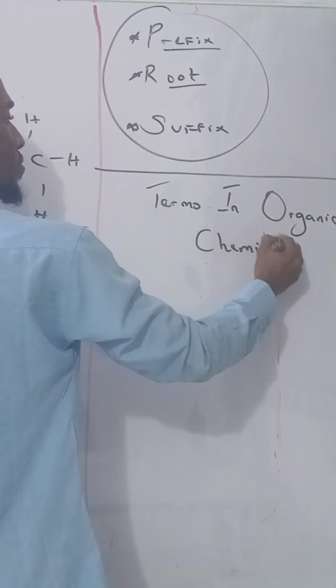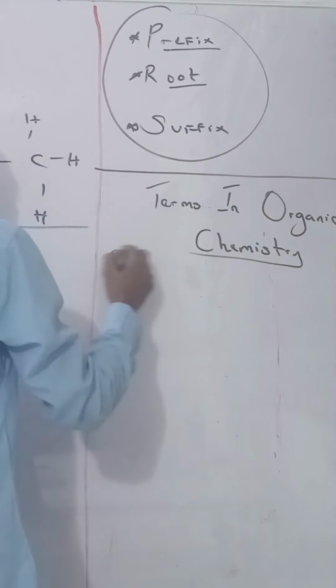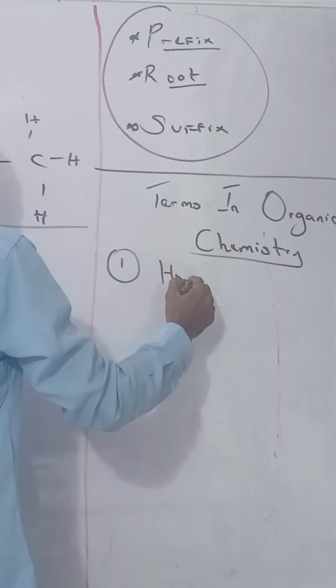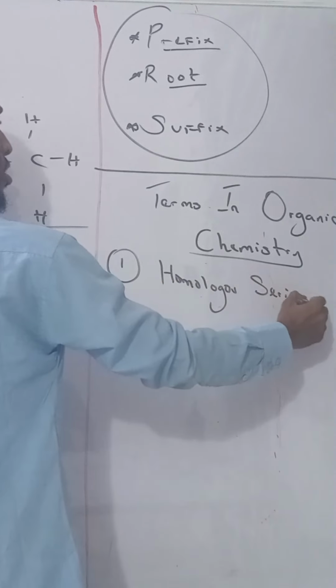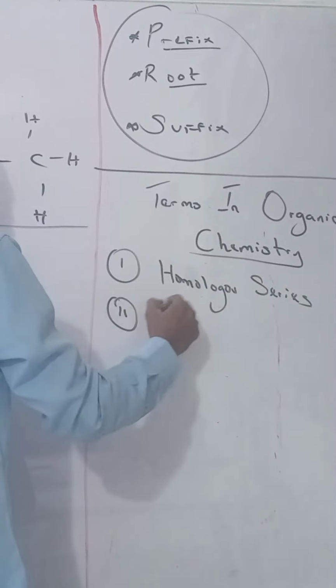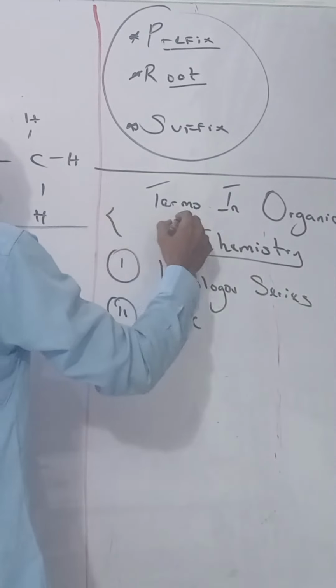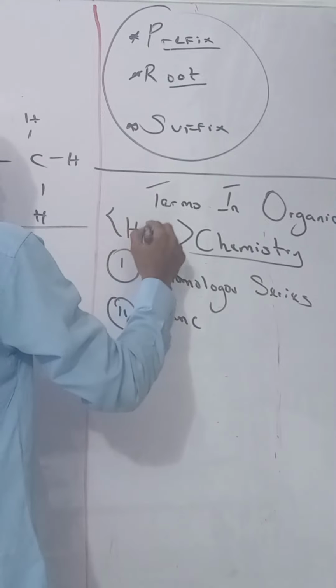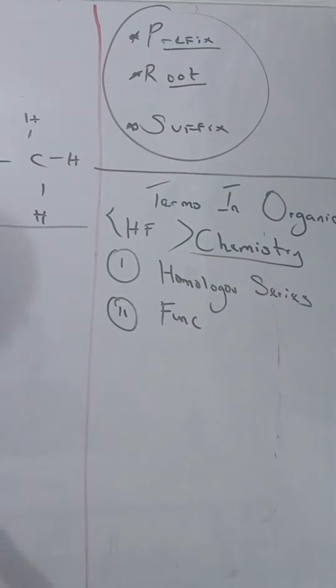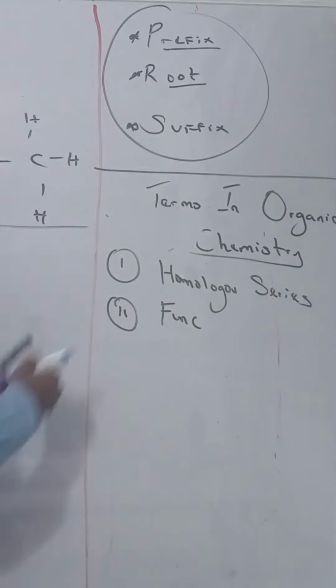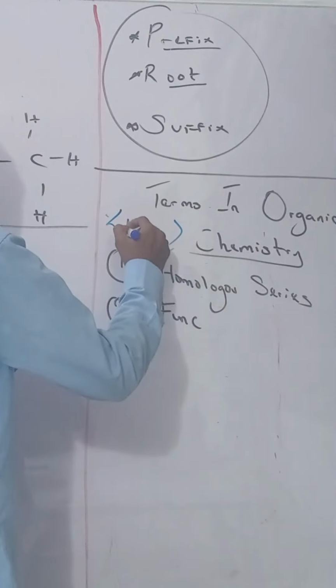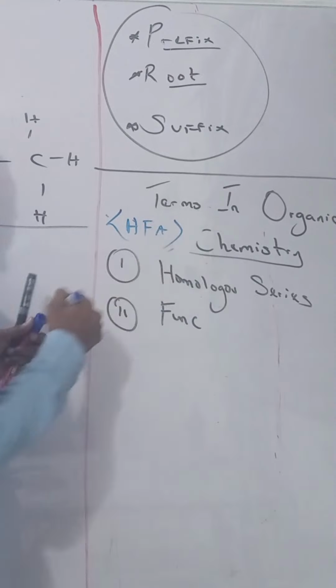Please write it down. Number one, homologous series. Number two, functional group. The acronym for the terms is HFA.